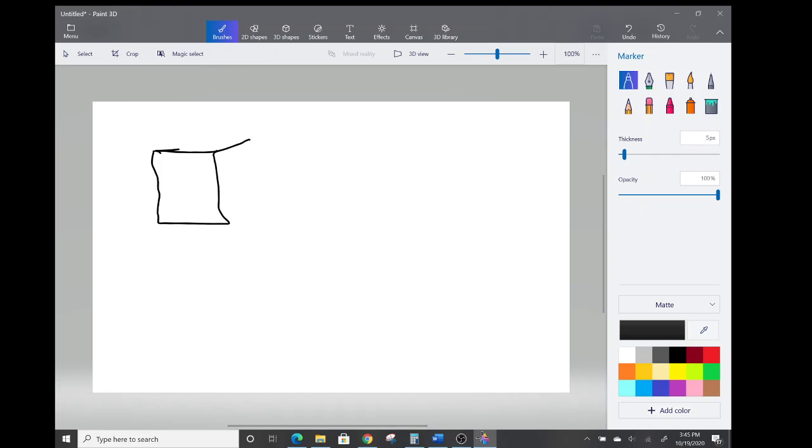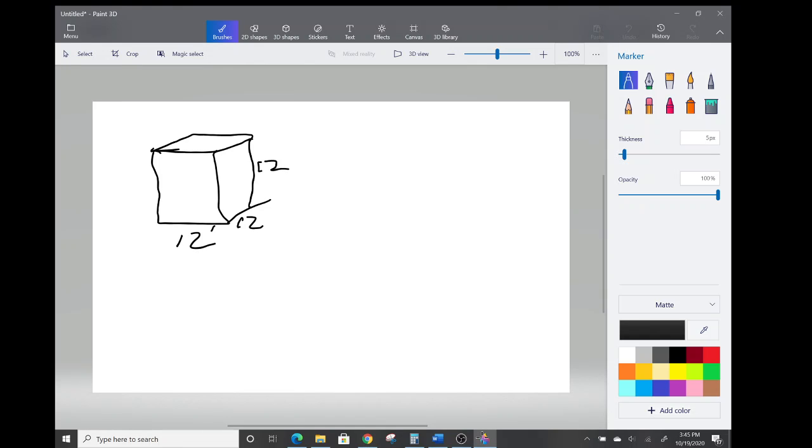Just pretend it's a cube. Use your imagination. Oh my God, it's an ugly cube. That's a cube. So we have 12 times 12 times 12.